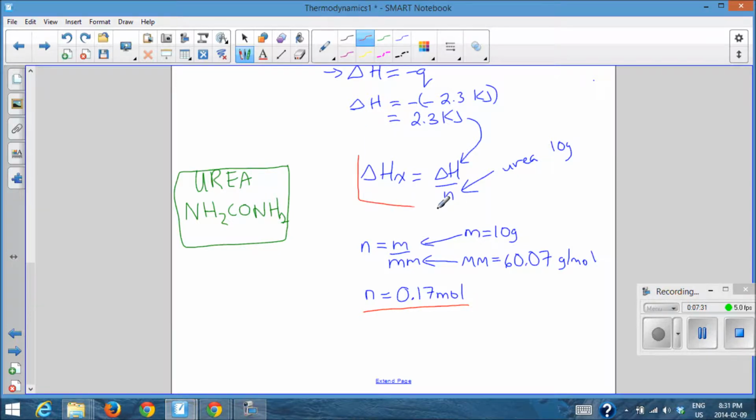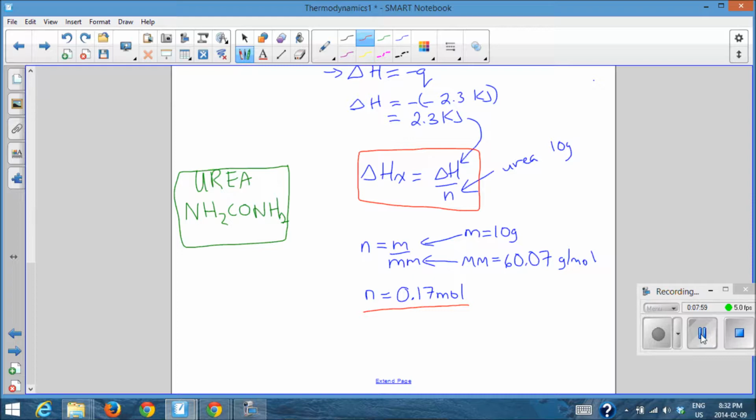Remember that we want to find the molar enthalpy, where we take these moles and plug them into my equation, along with my enthalpy. So let's substitute those values in for n and enthalpy and see what our molar enthalpy is. We had 0.17 moles of our urea, and that produced 2.3 kilojoules of energy, or brought in 2.3 kilojoules of energy.